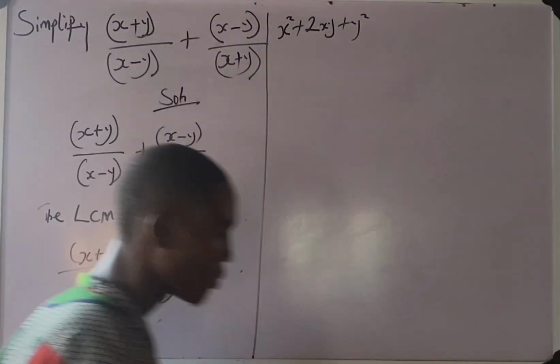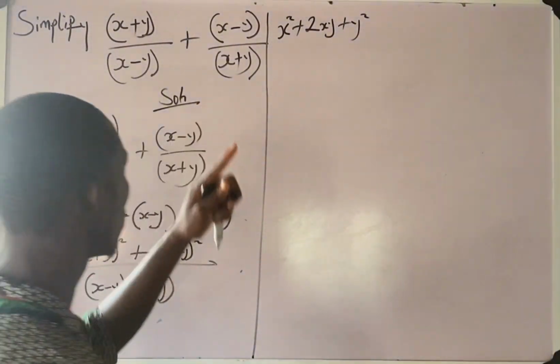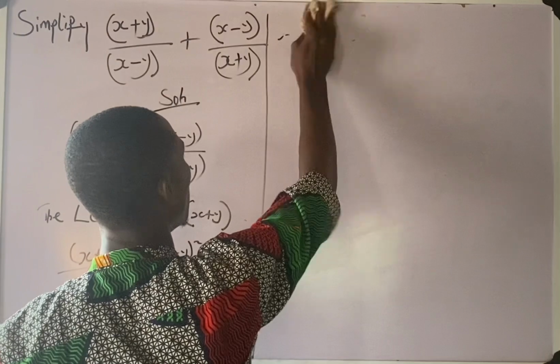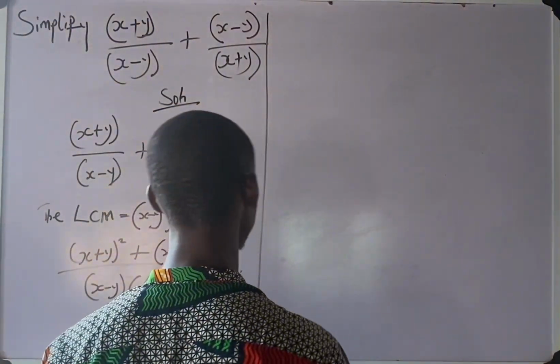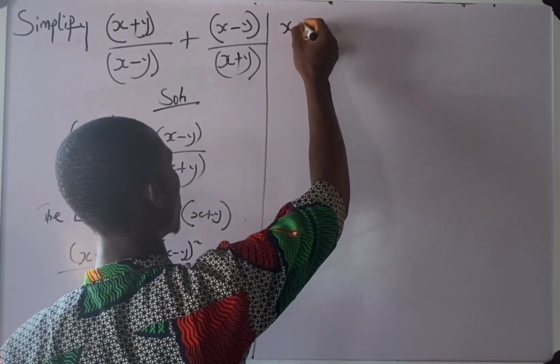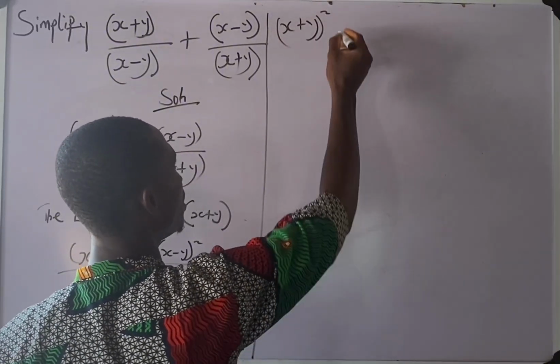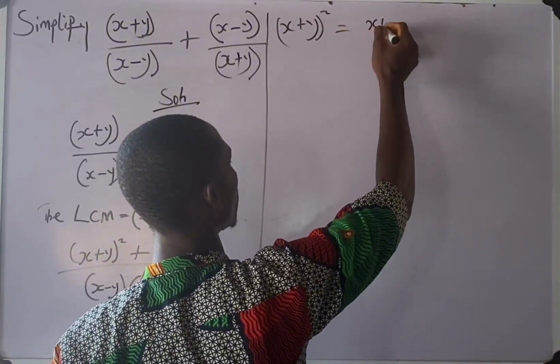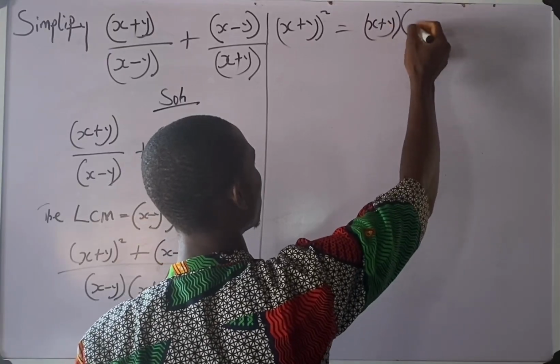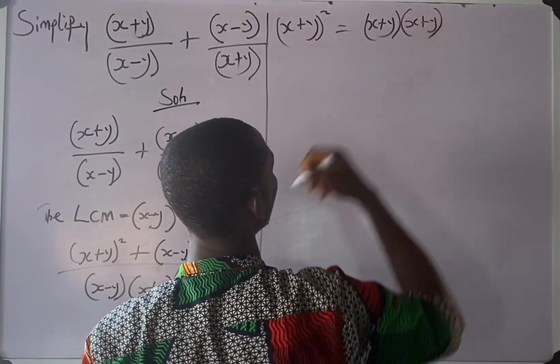For those that may be confused, how did we get what we got there? Mind you, when we have (x + y) squared, it is simply written as (x + y) times (x + y).